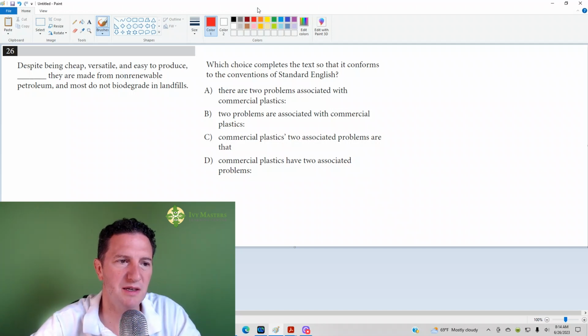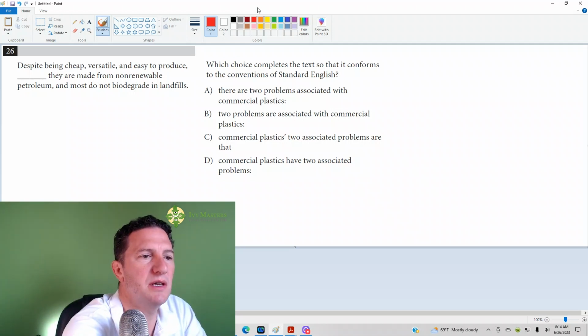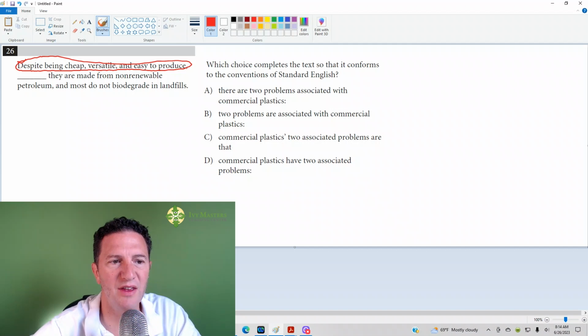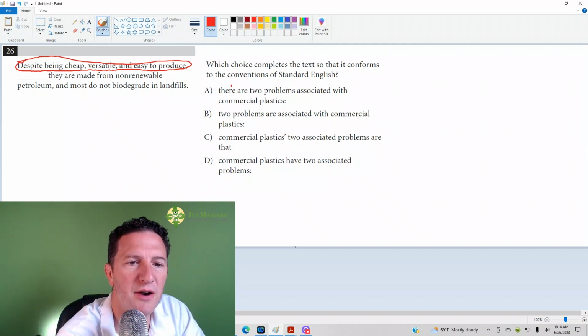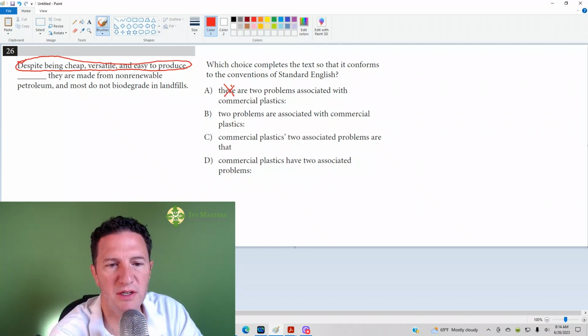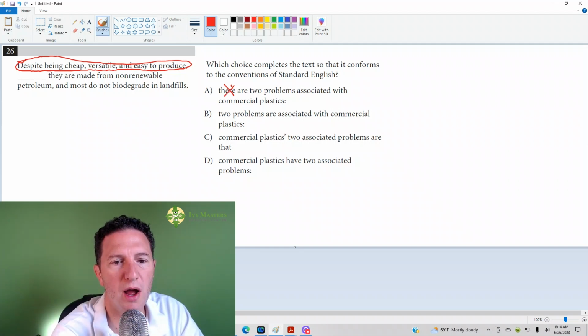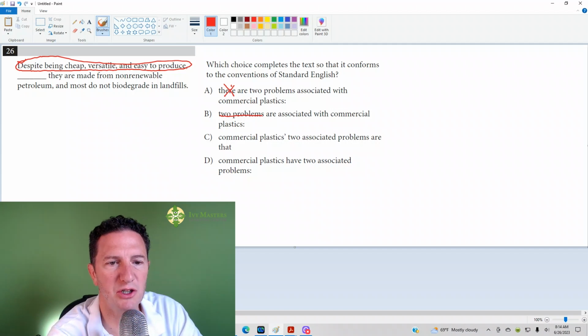So let's apply this. When you see despite being cheap, versatile, and easy to produce, what follows the comma has to be something that is cheap, versatile, and easy to produce. Two problems cannot be cheap, versatile, or easy to produce. Here's your possessive: commercial plastics, two associated problems.